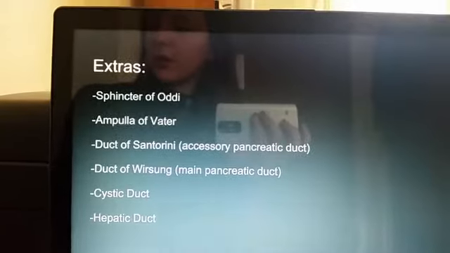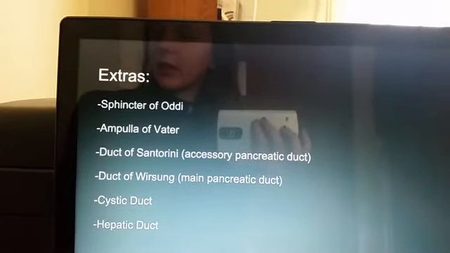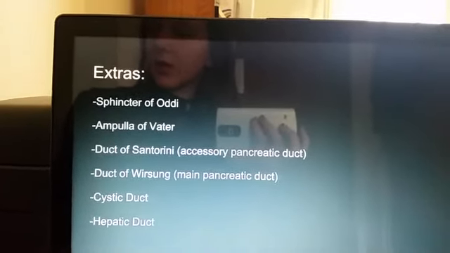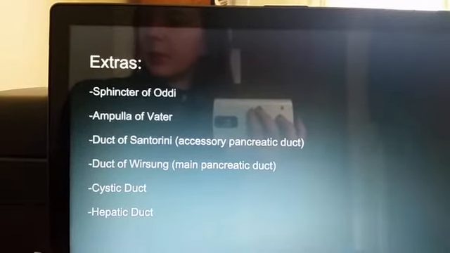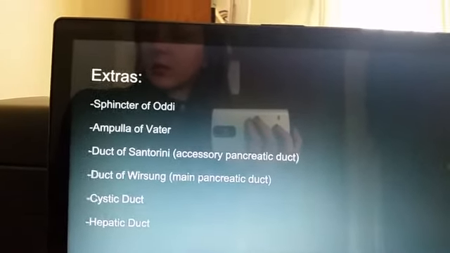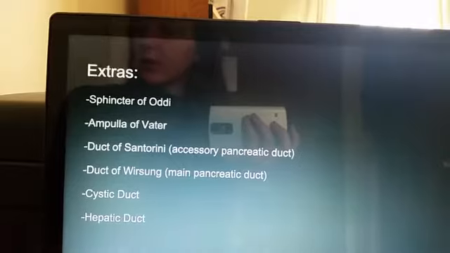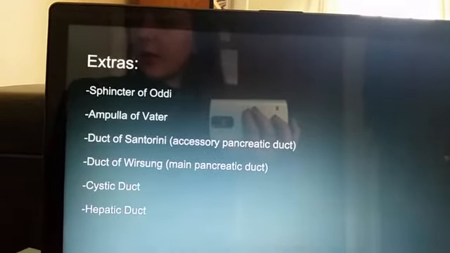The ampulla of Vater is the combined pancreatic duct and the common bile duct where it enters into the duodenum. The duct of Santorini is the accessory pancreatic duct. The duct of Wirsung is the pancreatic duct.